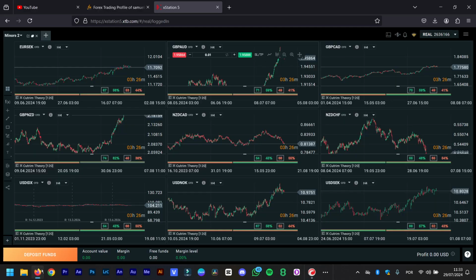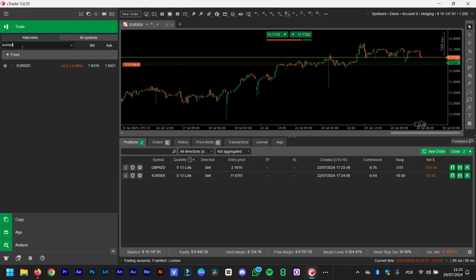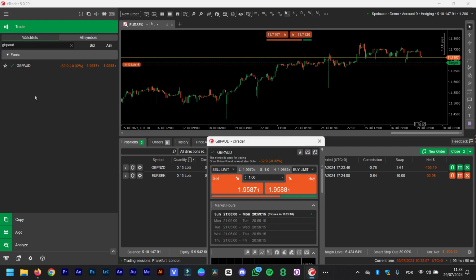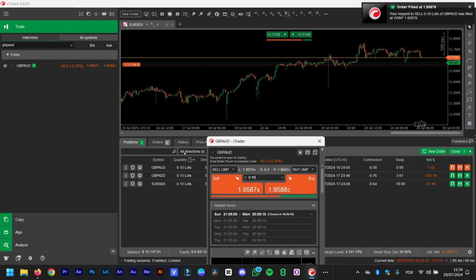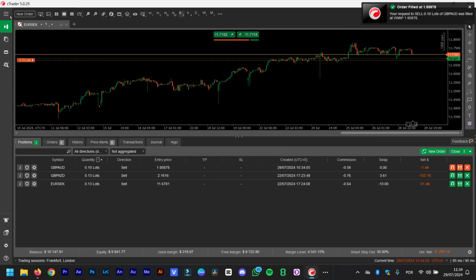I'm gonna sell GBPAUD. Let me just check the spread. 1.0. Great. Now 0.10. And we're gonna sell GBPAUD. And as you can see, margin level is around 4,000% now.